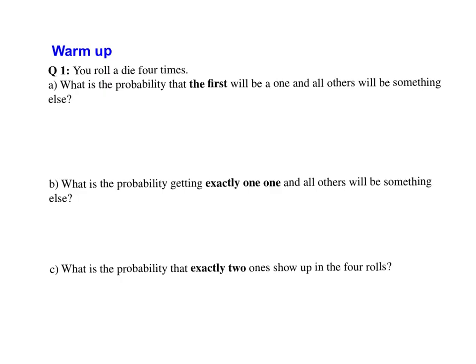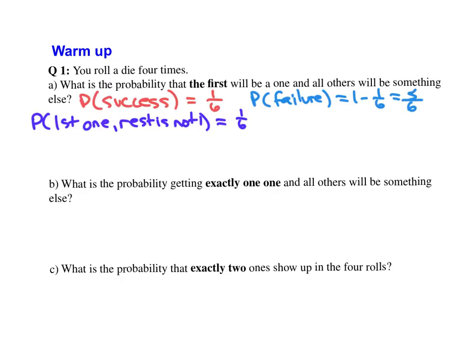These are nice examples because we can think about this logically. I have a 1 in 6 chance of rolling a 1, and I have a 5 in 6 chance of rolling something else. We want the probability that the first one is a 1 and all others will be something else. So I want to be successful on my first roll and fail on the others.